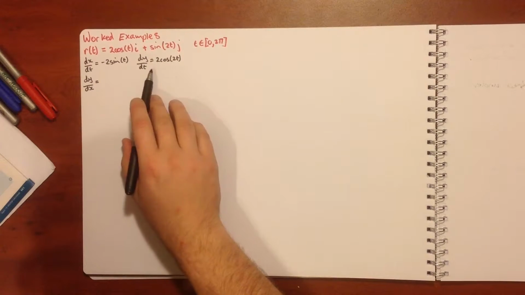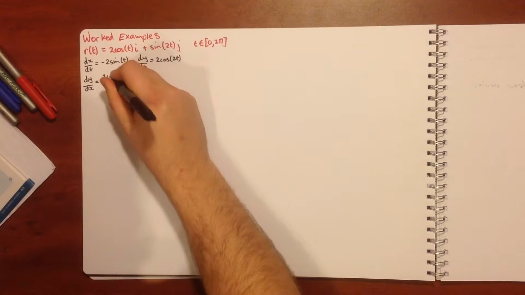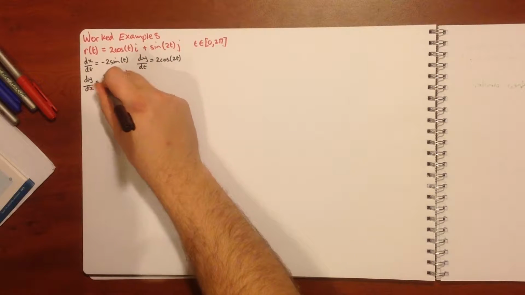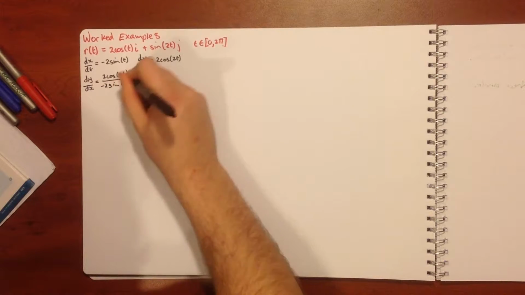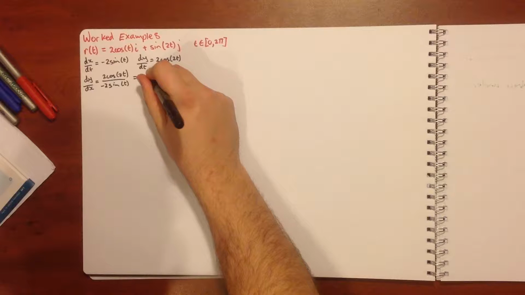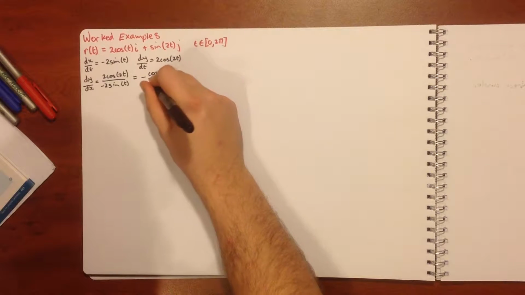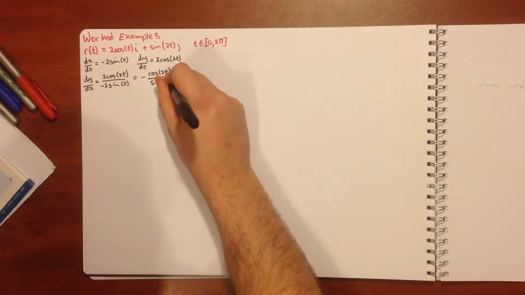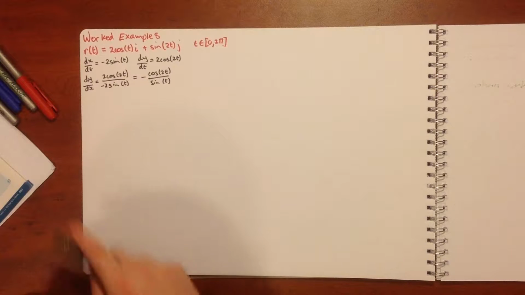So we get 2 cos of 2t divided by negative 2 sine of t. Our 2's cancel out and leave us with negative cos of 2t over sine of t. So that's our gradient of the curve in terms of t.